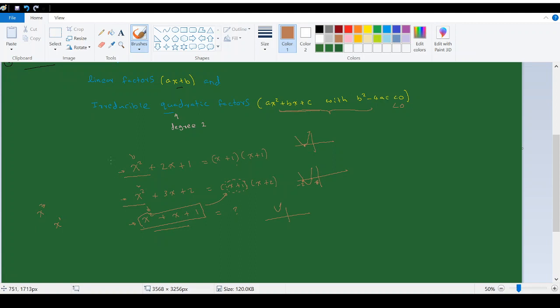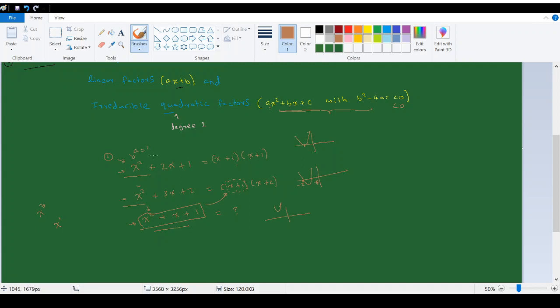So for example, if we take the first polynomial, this is the way they have given the polynomial. The coefficient of x squared is represented by a, the coefficient of x is represented by b, and the constant term is given as c.